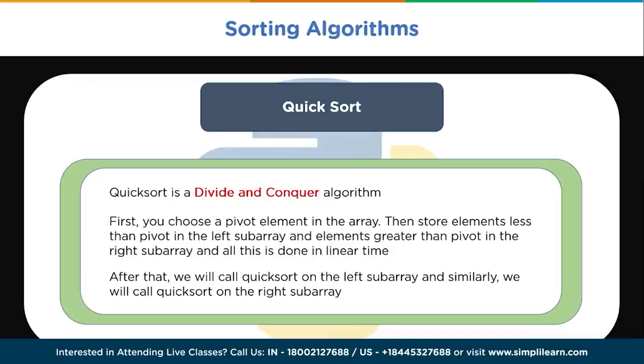After that, we will call quicksort on the left subarray, and similarly we will call quicksort on the right subarray. So it's a recursive algorithm based on the choice of the pivot element. Generally, the pivot element is taken as the rightmost element of the array.